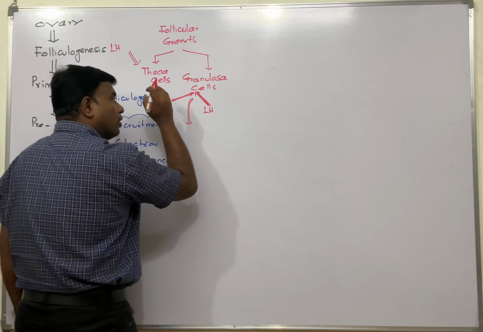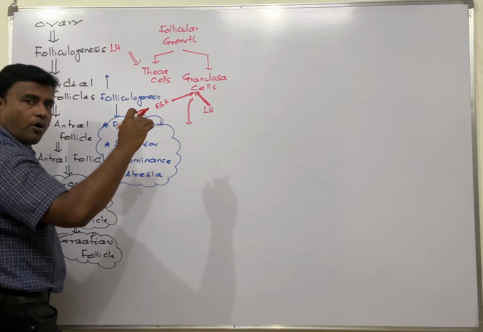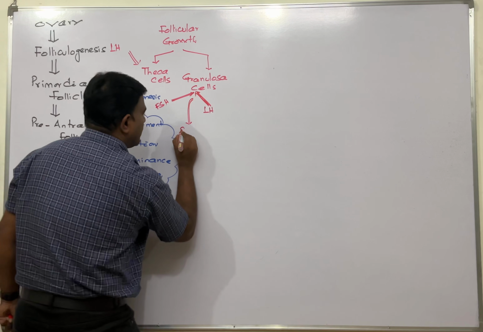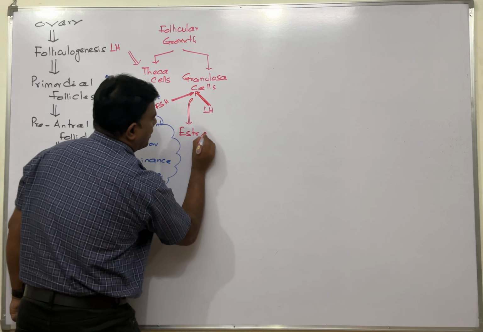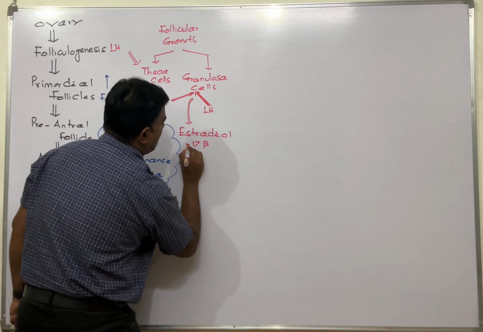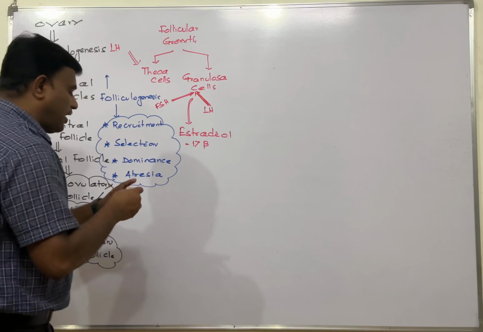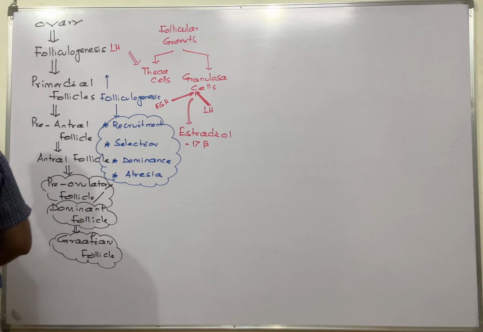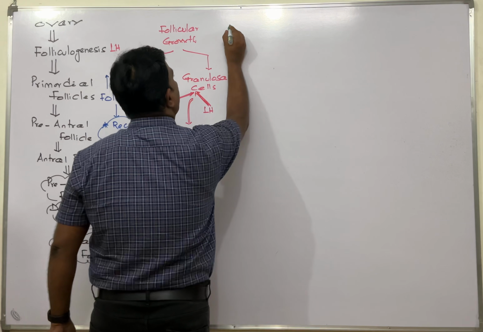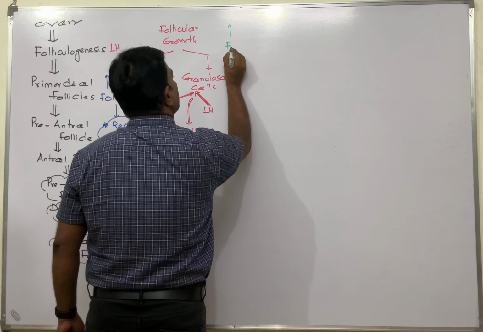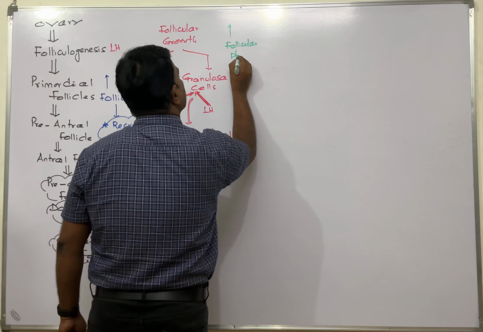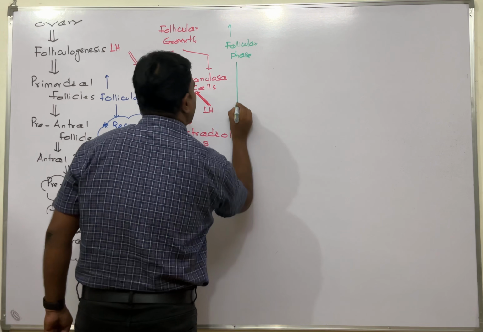That means FSH receptors will try to fall, but LH receptors will start acting. And this mature follicle starts secreting estradiol 17 beta. In the language of the menstrual cycle, this is known as the follicular phase, in which the follicles are playing the important role.